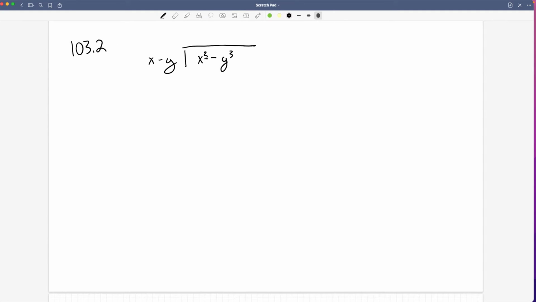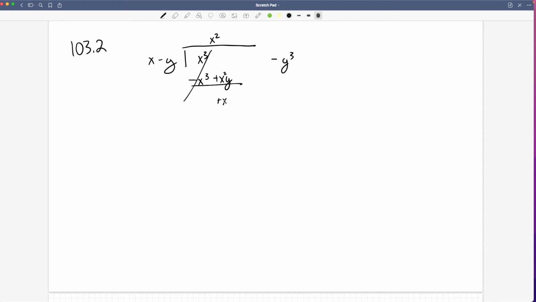So x goes into x cubed x squared times. Let's move this down a little bit. We're just going to move you out of the way until we need you. X squared times x is x cubed. X squared times y is a negative x squared y. Change the signs. This cancels.